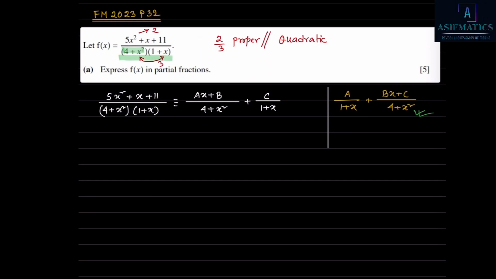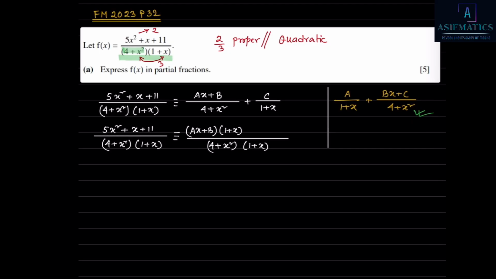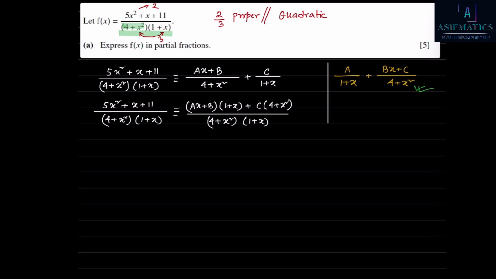So here the next part is the same. We can write 5x squared plus x plus 11 by 4 plus x squared times 1 plus x is equivalent to, we can write here 4 plus x squared times 1 plus x, and then ax plus b times 1 plus x plus c into 4 plus x squared. Now on both sides our denominator is the same, so this can be cancelled out.